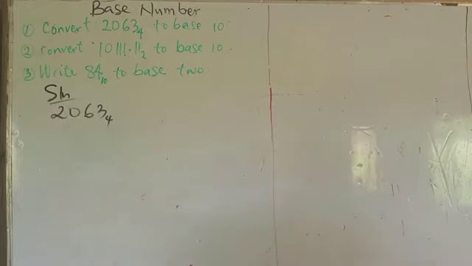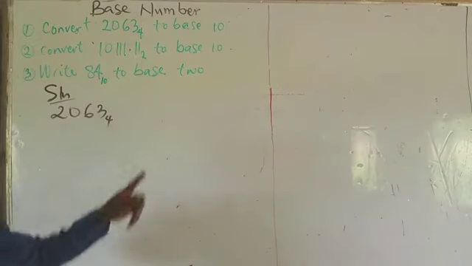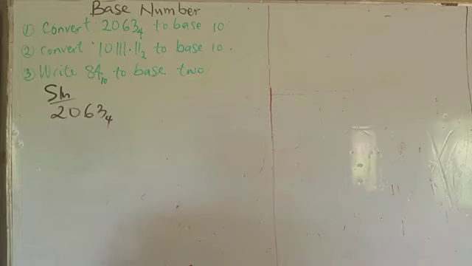The procedure for converting from any base to base 10 is the same, whether from base 2, 3, 4, 5, 6, 7, 8, 9 to base 10. What is the procedure?